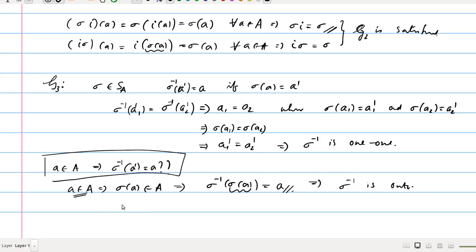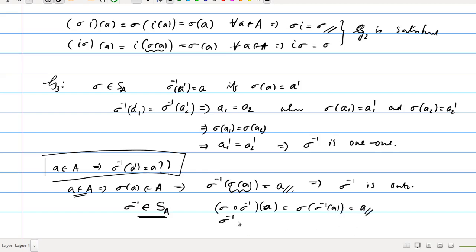Similarly, this implies sigma inverse belongs to SA. Now what is sigma composed with sigma inverse? Sigma composition sigma inverse is the same as the identity element, because A is equal to sigma of A prime, that is sigma inverse of A, equal to A itself.